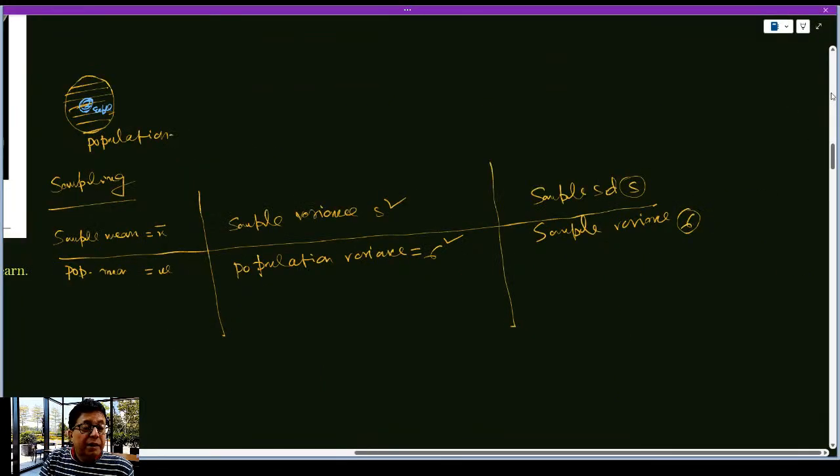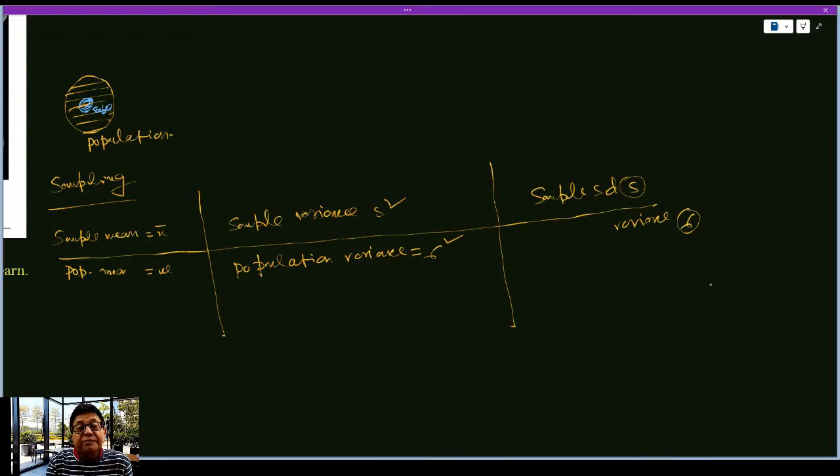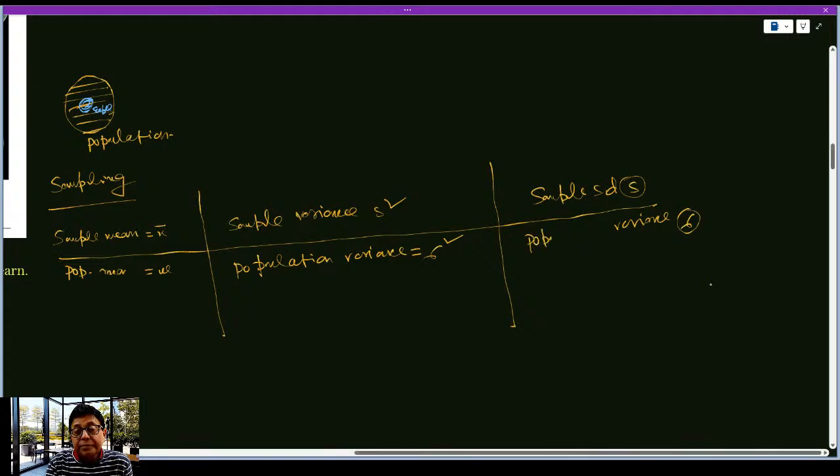And for population, we have used the symbols mu, sigma square and sigma to represent population mean, population variance and population standard deviation. So the second row is for population, the first row for statistic.